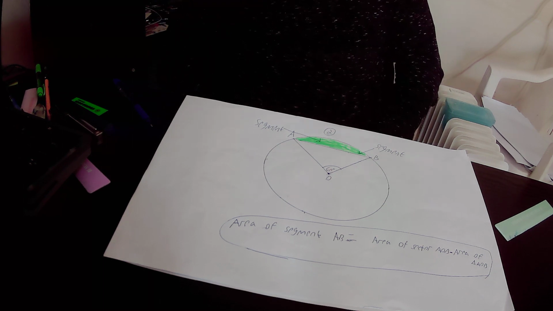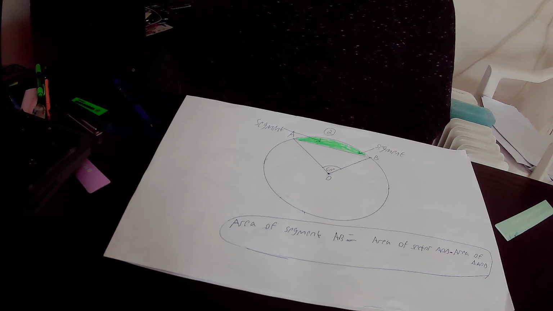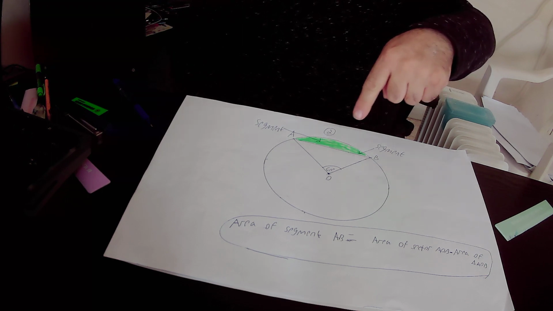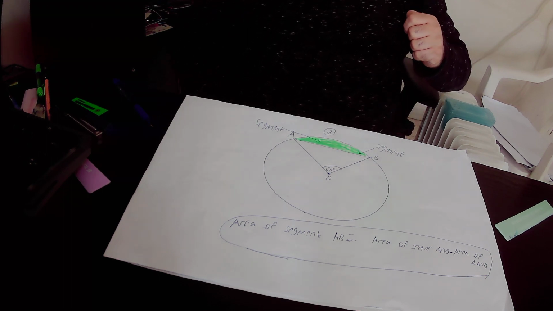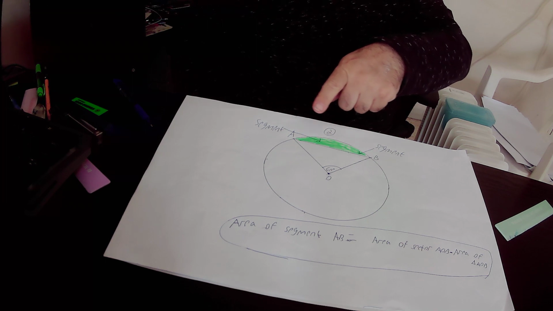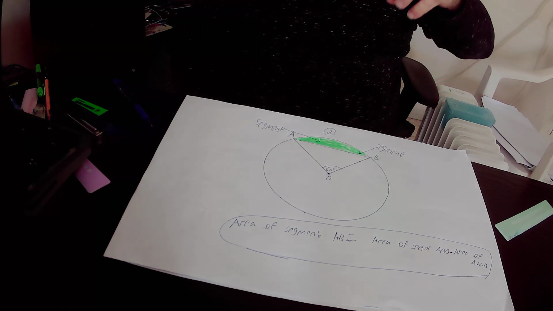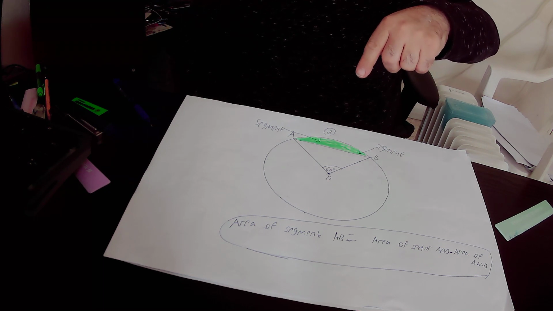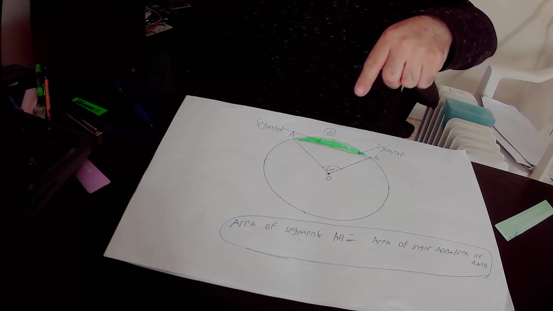And the area of segment AB equals the area of sector AOB minus the area of triangle AOB.